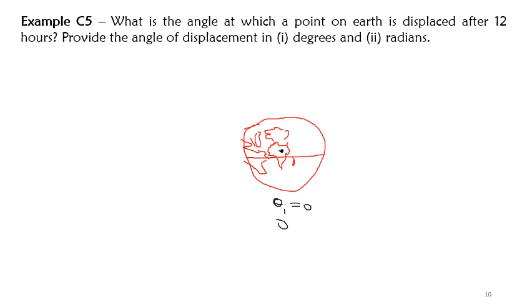What will be the next one after 12 hours? You also need the knowledge of the time it takes the Earth to complete one revolution. Write the answer in degrees. Write in radians. This is a very simple question. Very simple.